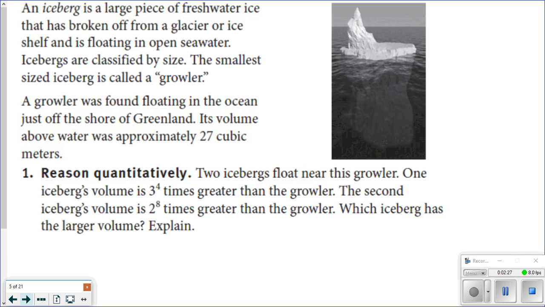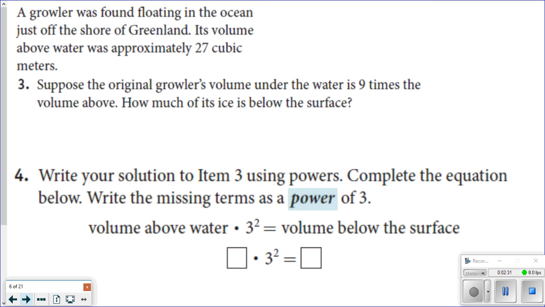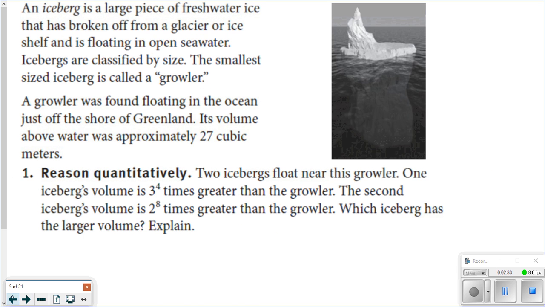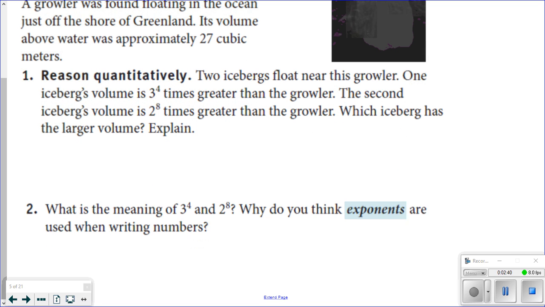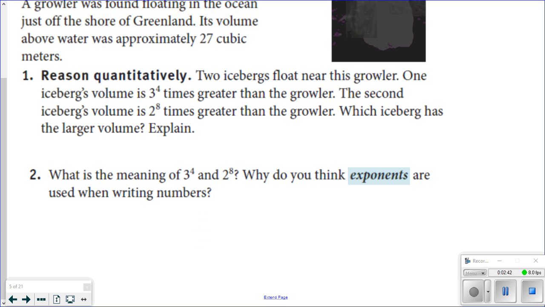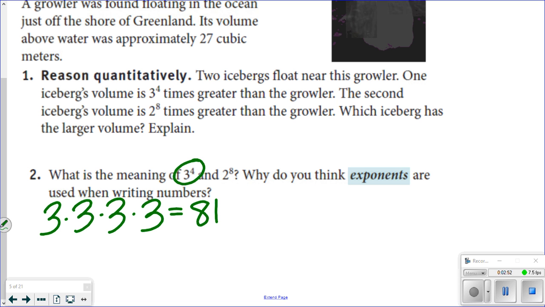We are going to skip this question and go straight to question 2. What is the meaning of 3 to the 4th power, which we just talked about? So 3 to the 4th power is 3 times 3 times 3 times 3, and that equals 81.